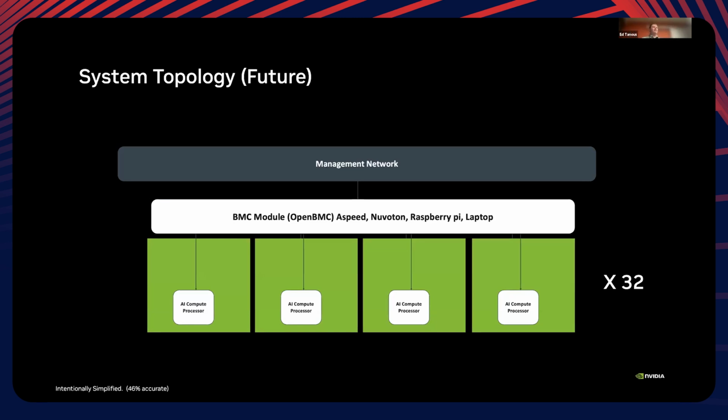There are racks entering OCP and other things now where the management module is physically separate and swappable in an L12 or L11 without having to open the rack. So there are system designs where it is intentionally swappable between vendors over life cycles, et cetera. And again, this is now 46% accurate.